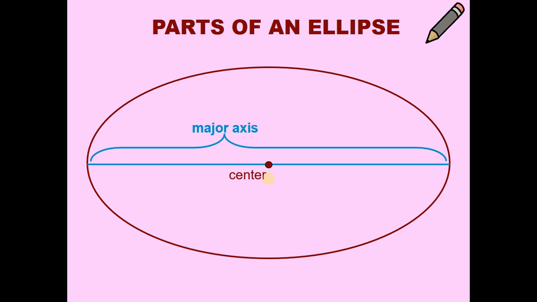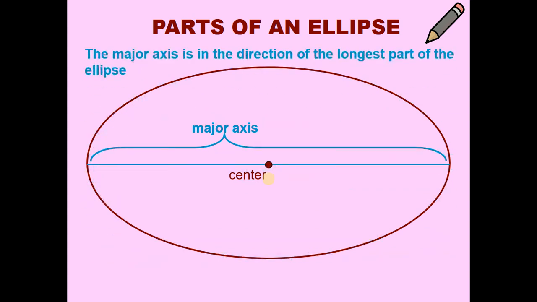Now, the major axis can be up and down, or it can be left and right, depending on how your oval or your ellipse is created. The major axis is in the direction of the longest part of the ellipse. On the other end of that, we have what's known as the minor axis. The minor axis is the shorter side, or shortest part, of the ellipse.